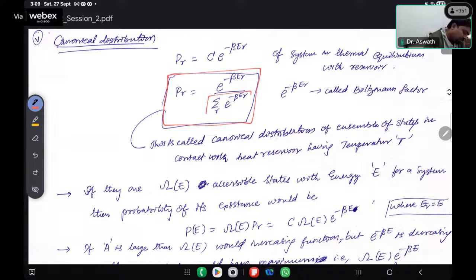This partition function takes care of or expresses all the accessible states, lists down all the accessible states for a given system, calculates their probabilities, sums those probabilities and puts it in the denominator. We would be using this expression in most of the cases.